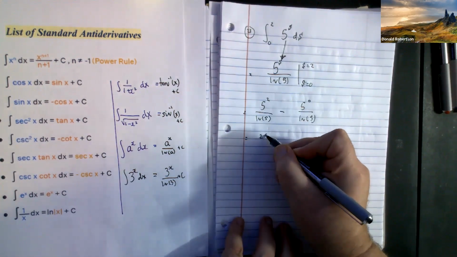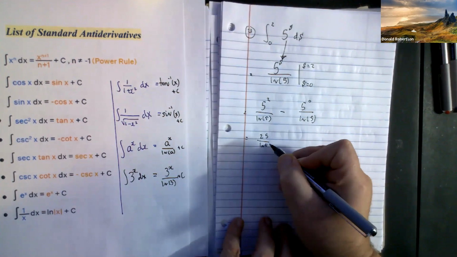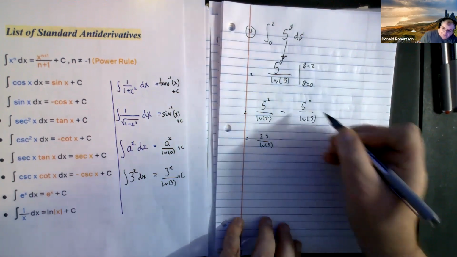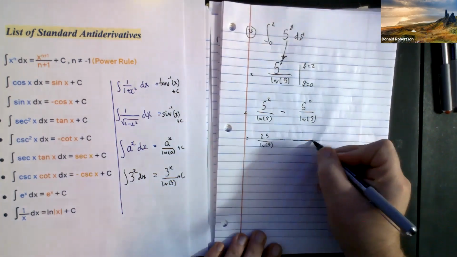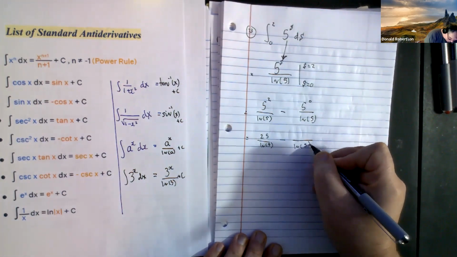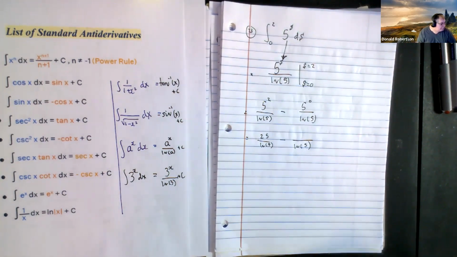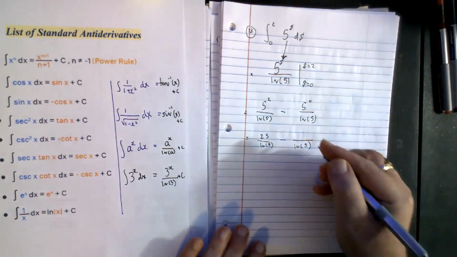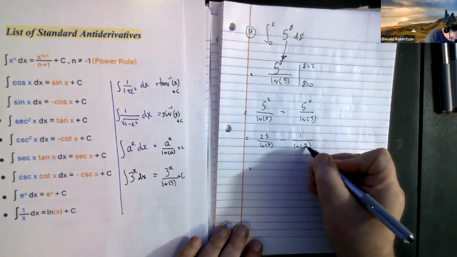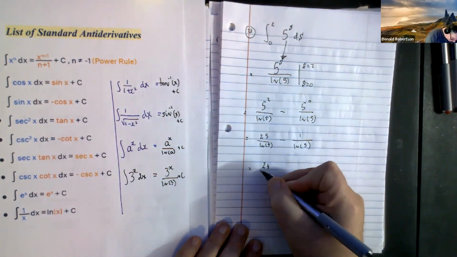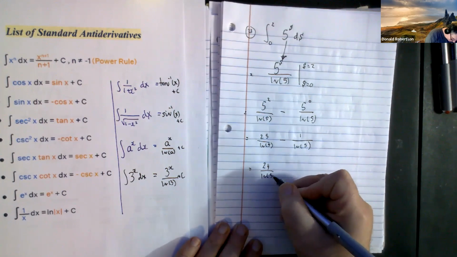That guy is 25 over log 5. What number is 5 to the power of 0? One. Correct. And so, since these share the same common denominator, you can combine them, and there is your final answer.